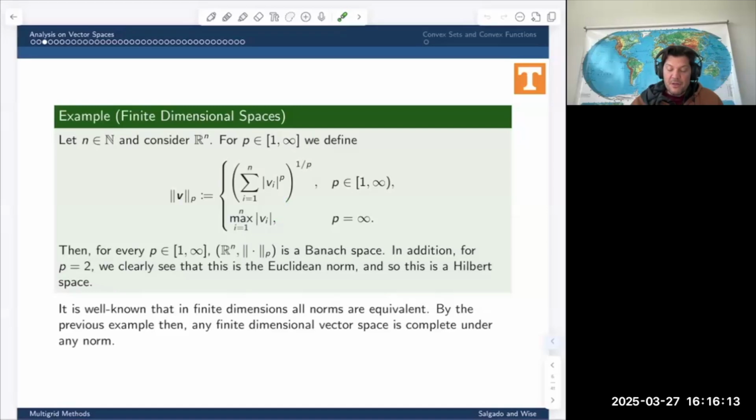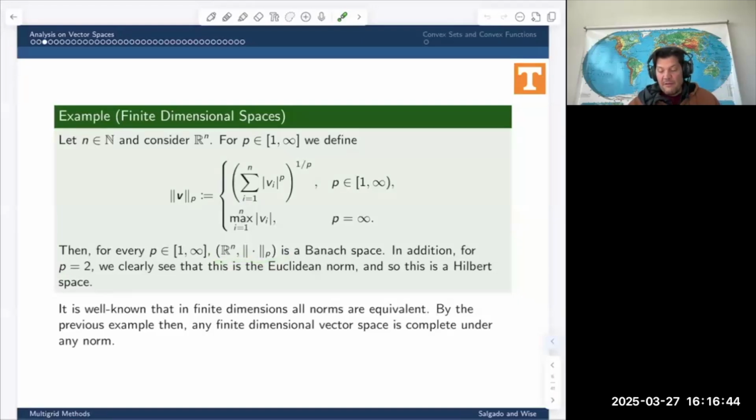Well, it turns out actually if we take a limit as p goes to infinity, then this object is going to pop out as the value for the p norm. Okay, so in some sense, the infinity norm is the limit of that guy, and so that's why it's called the infinity norm. For every p in this range, this is a Banach space.